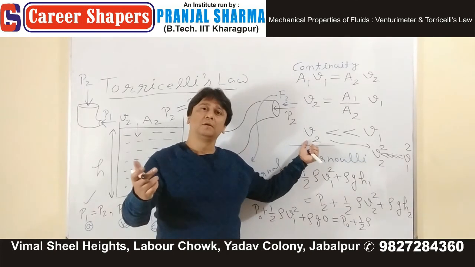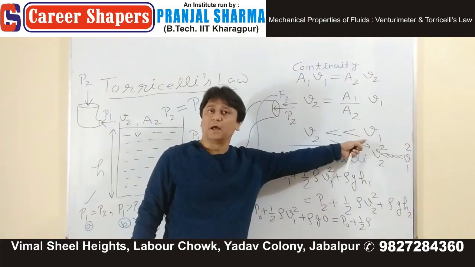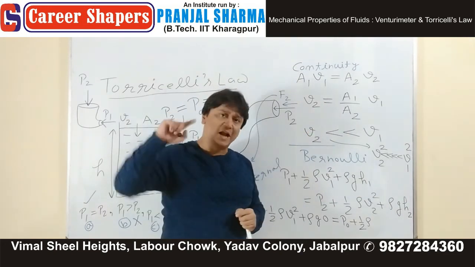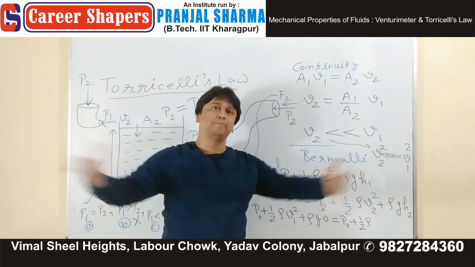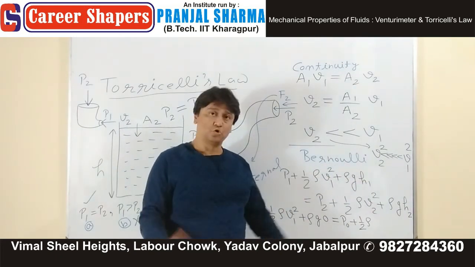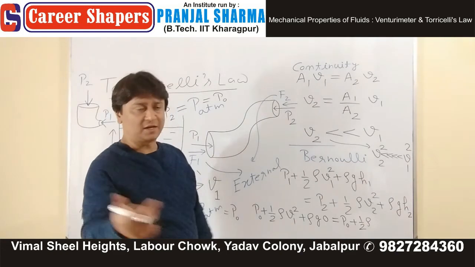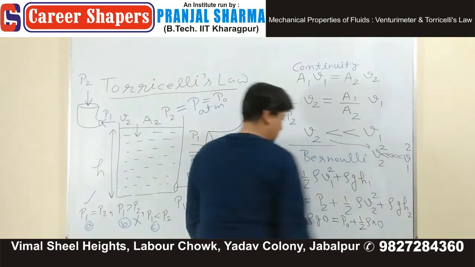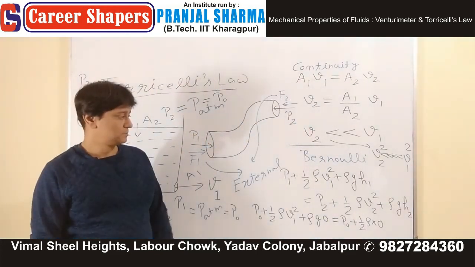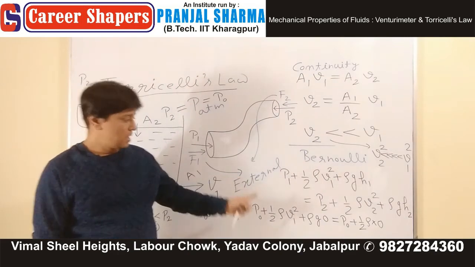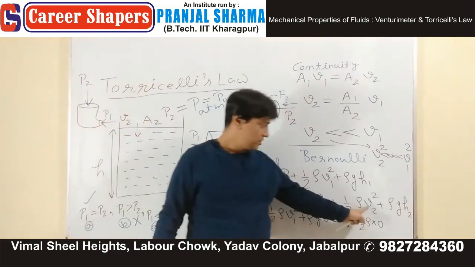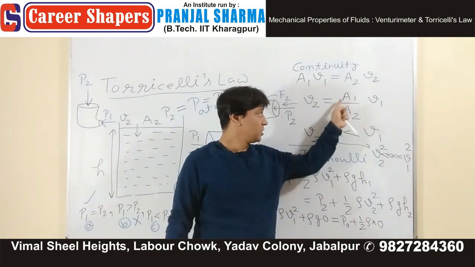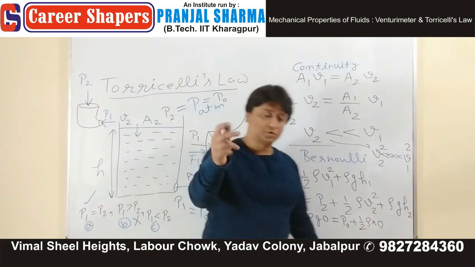If it is smaller than 1000, then 1 square is 1 and 1000 square is 10 to the power 6, so even bigger separation comes between the two. And therefore, for all practical reasons, I can say that this V2 square is almost what? 0. This is V1 square, but this term of V2 is almost 0.